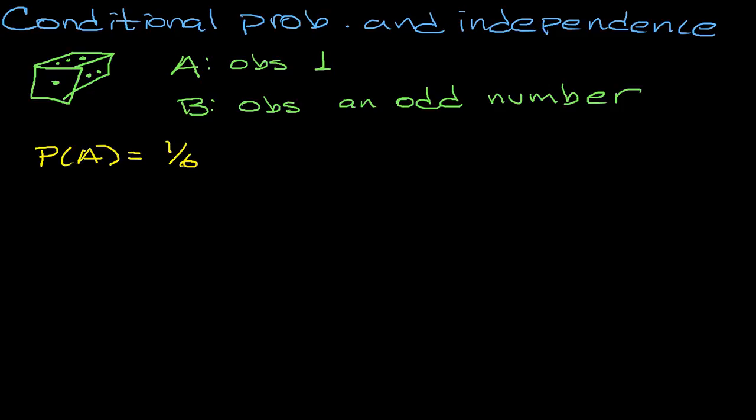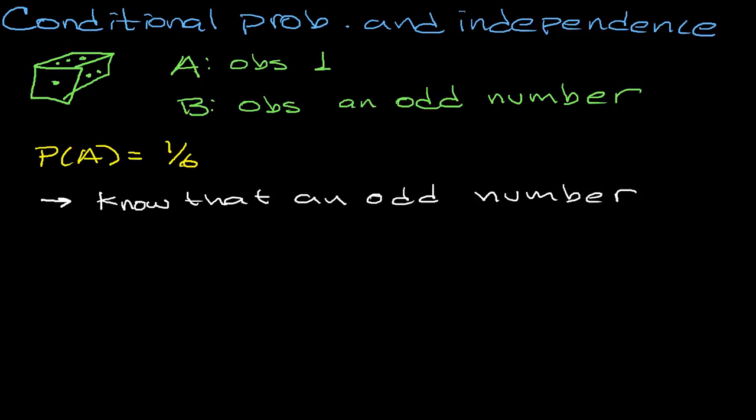But now let's repeat the experiment, and before watching the actual result, let's say that we have a piece of information. Let's say that we throw the die and we know that an odd number is in the upper face of the die.